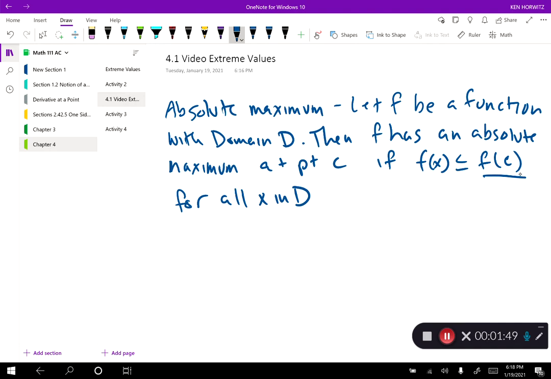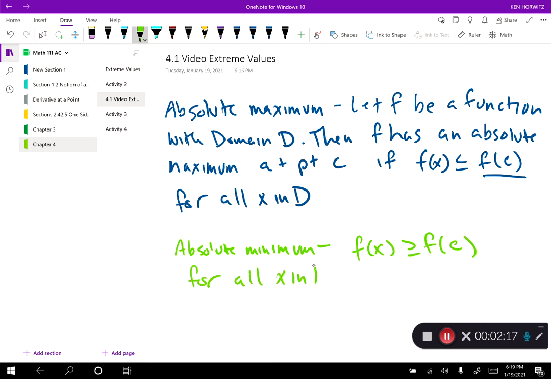All right, for absolute minimum, basically what you would say is if all the other points in the function are greater than or equal to the y value at C, then for all x in D, you would have an absolute minimum.